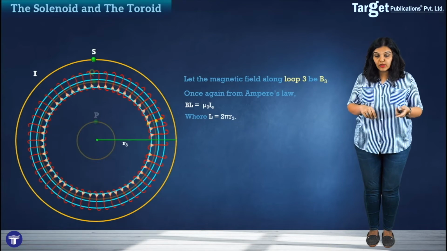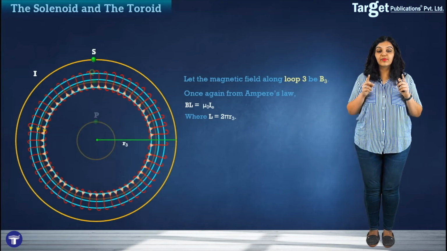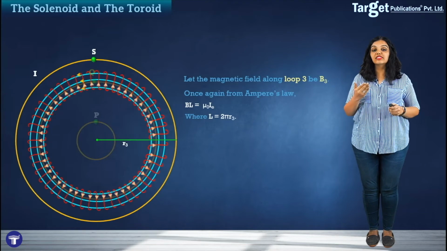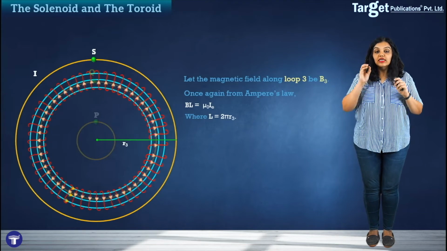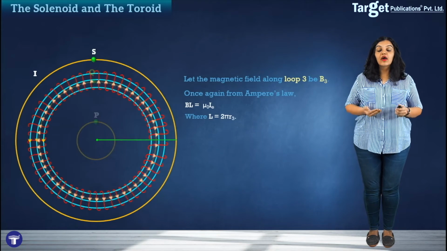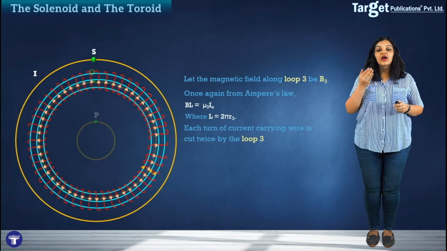But the more important question is, what is the current that is being cut by this surface? So imagine the surface that this loop is enclosing, and you will see, if you pay attention carefully, that the surface enclosed by this loop 3 will cut the current twice.